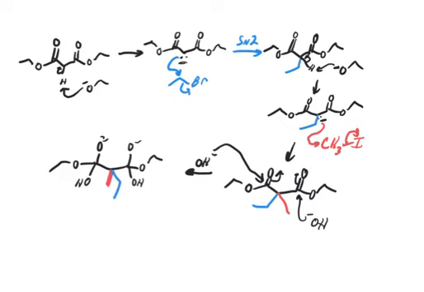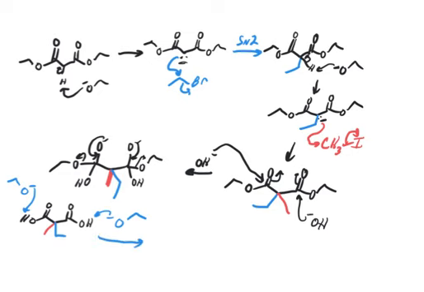Now we're going to kick out the ethoxides. That's going to give the diacid. Methyl and the ethyl group. And I'm also going to have 2 O minus, and that's going to take off the hydrogens from each one of these.